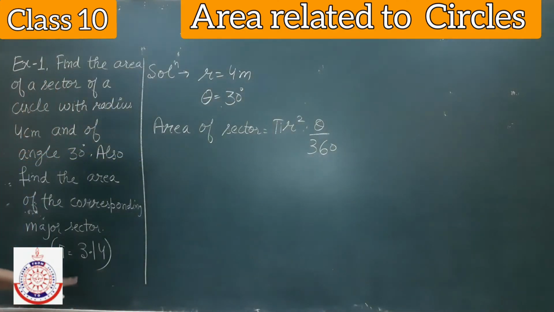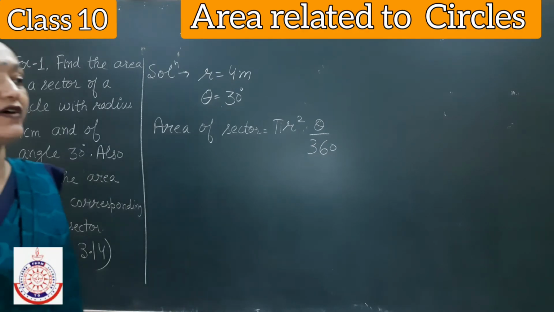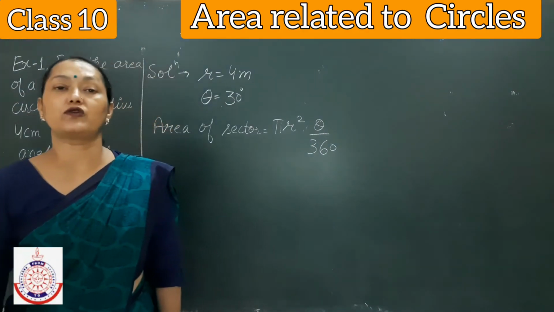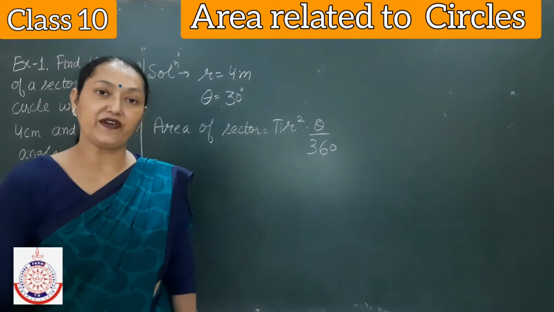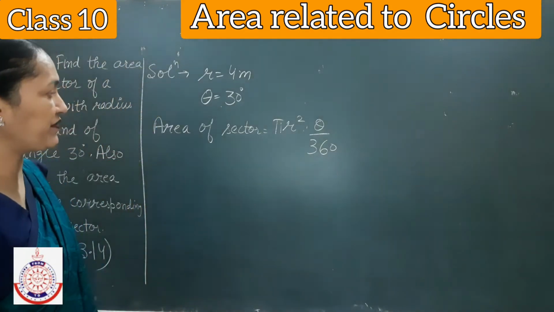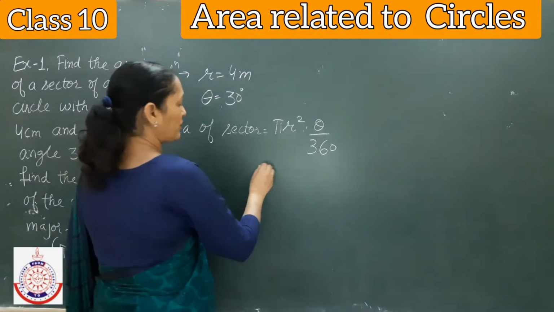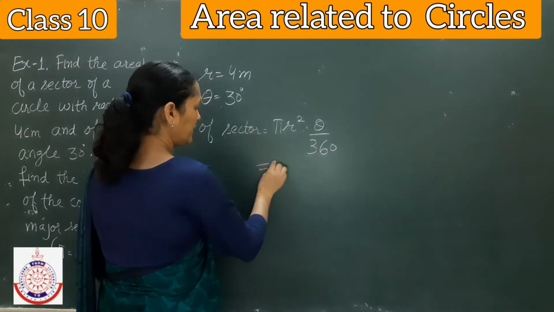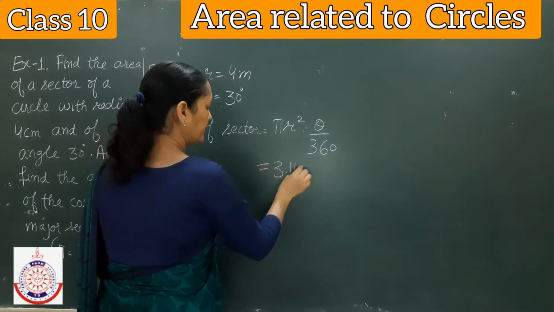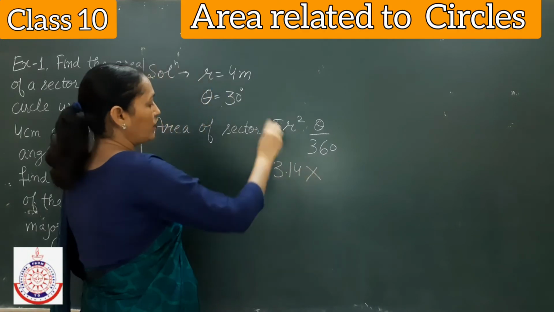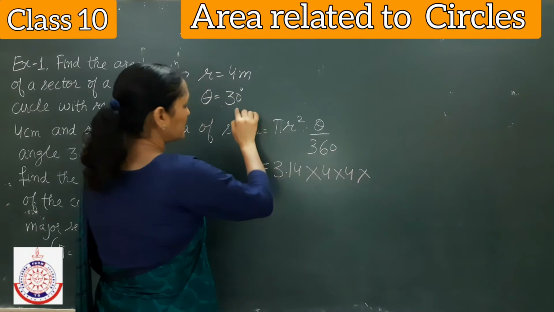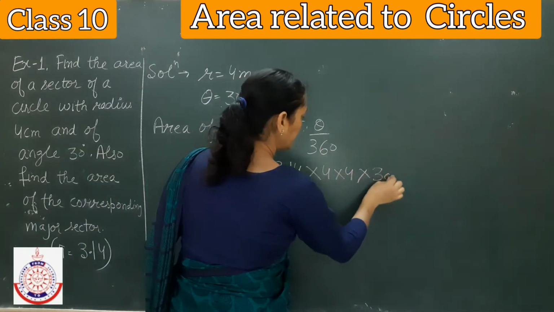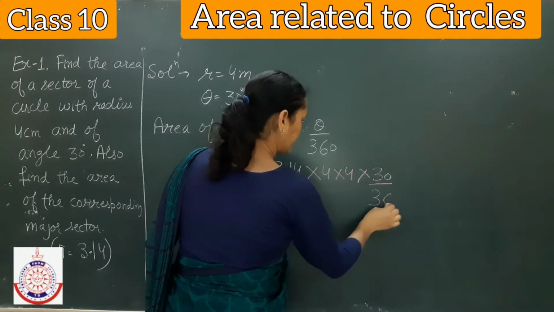One thing, just keep here that value of pi is given 3.14. If the value of pi is not given, then we will be taking it as 22/7. If given, then we will be using 3.14. So in place of pi, 3.14, radius is 4. So 4 into 4, theta is 30 upon 360.